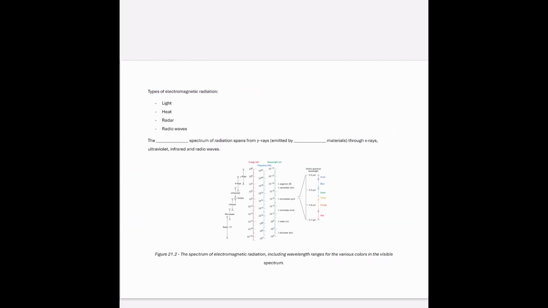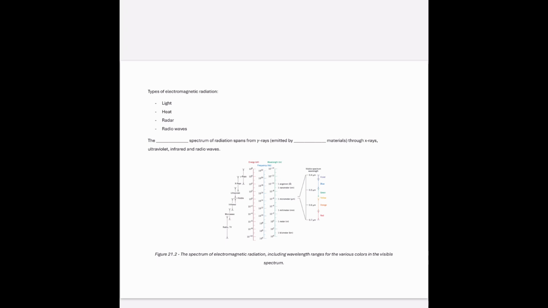Moving on, we have several different types of electromagnetic radiation, which to me kind of sound a little familiar. We've got light, we've got heat, we've got radar, and we also have radio waves.